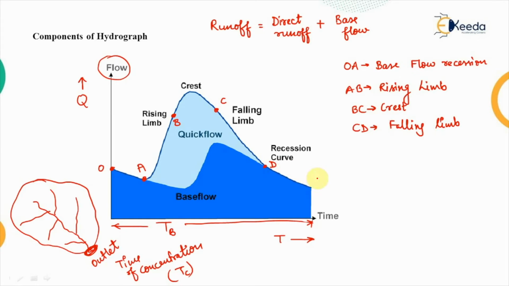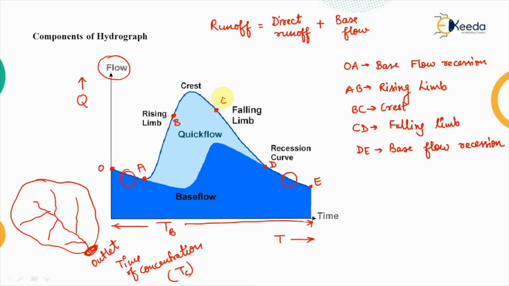And again after that, as we were obtaining in the initial phases of the hydrograph, the same segment is obtained where the base flow is reducing, because the contribution towards the runoff is from the base flow, and that is why this segment is again known as the base flow recession.